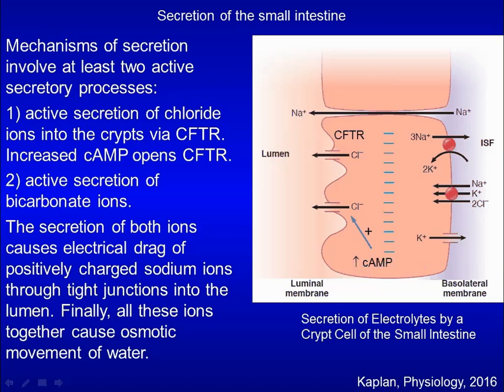Active secretion of bicarbonate involves chloride bicarbonate exchanger. This is very similar to ductal cells in the pancreas. The secretion of both ions creates an electrical gradient which drags sodium into the lumen through tight junction. Finally, osmotic gradient moves water into the lumen as well.